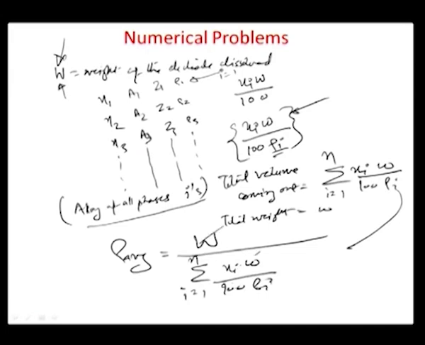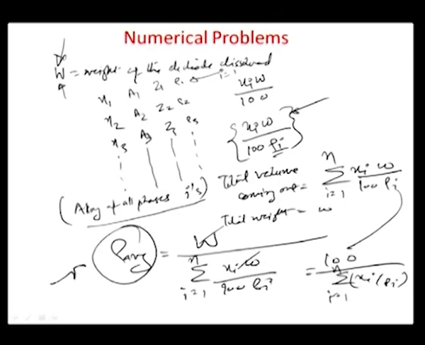In a simpler version, it is 100 divided by the sum of xi by rho i, where i varies from 1 to n. That is how the average density can be obtained.